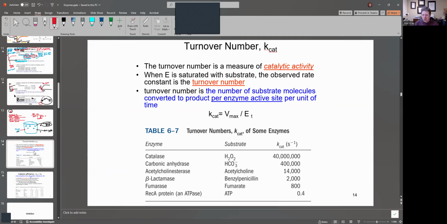And what we do for calculating Kcat is we are looking at the number of substrate molecules converted to product per enzyme active site per unit of time. Okay. So Kcat is our maximum velocity divided by our enzyme active sites per time.